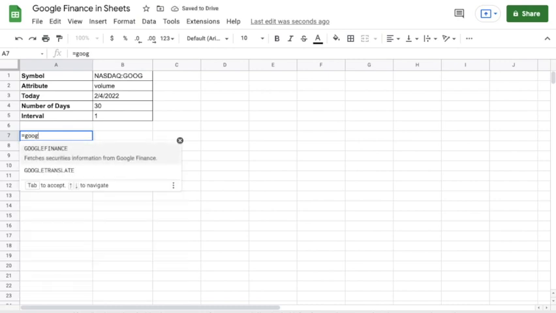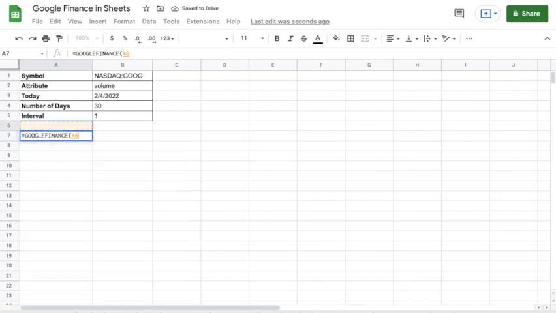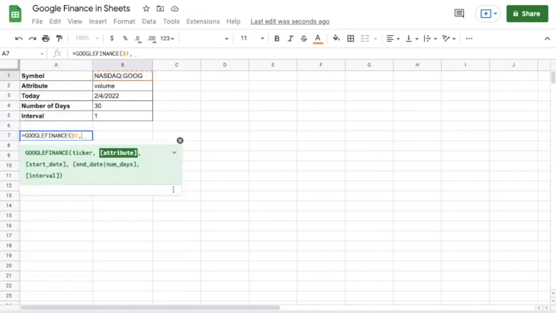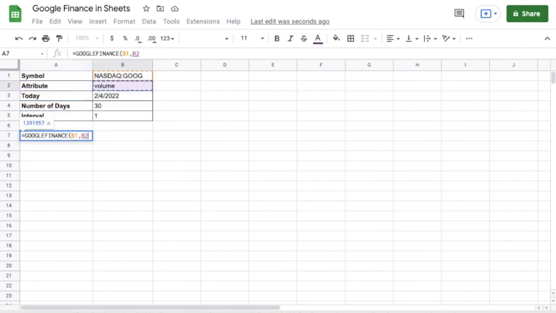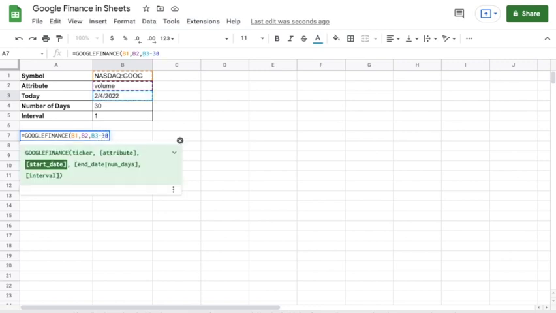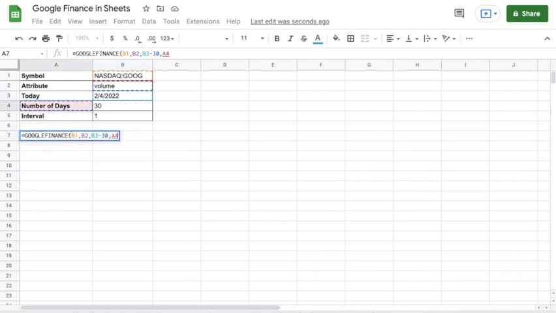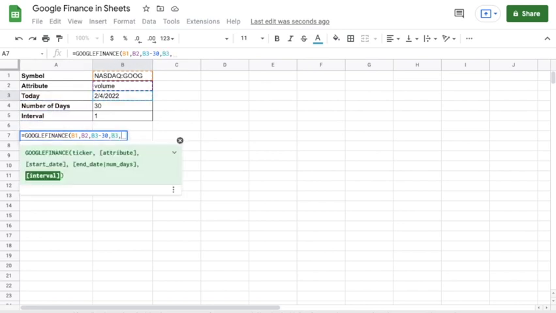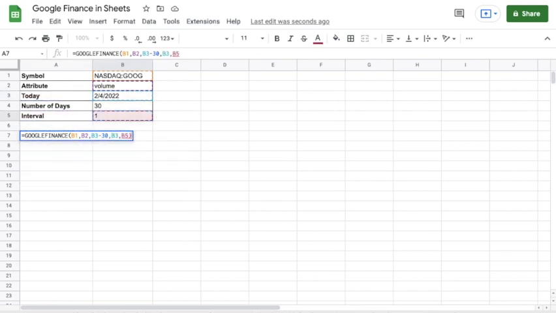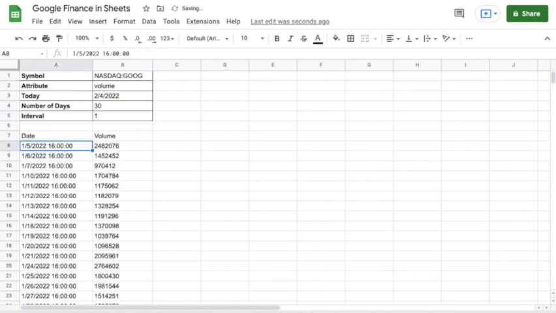So the function that we'll write is Google Finance, followed by the ticker, followed by our attribute, which is the volume, and our start date is basically today minus 30 days, followed by our end date, which is basically today, and the interval, which is 1. So this basically gives us the trading volumes of Google for the past 30 days.